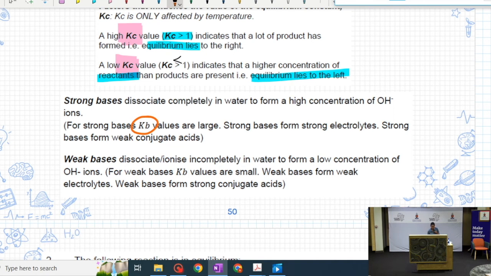If you have a strong base, it will dissociate completely in water, and as a result, its Kb value is going to be high because we're producing a whole lot of product. If you have a weak base, on the other hand, it will dissociate incompletely and your Kb value is going to be small. Kb, Ka, Kc, they all tell you whether we have a lot of reactant or a lot of product once equilibrium has been established.